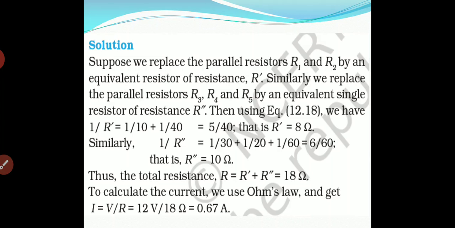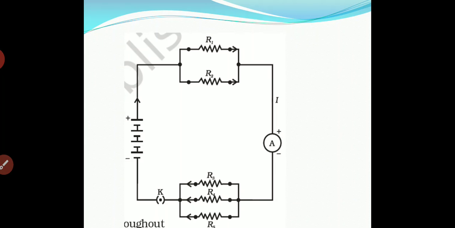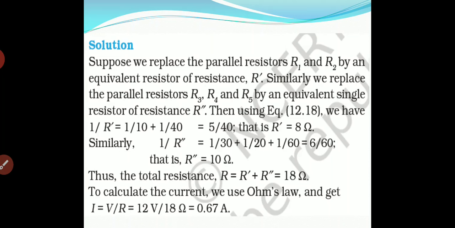Suppose we replace the parallel resistances R1 and R2 by an equivalent resistance R dash. Since R1 and R2 are connected in parallel, let the equivalent resistance be R prime.